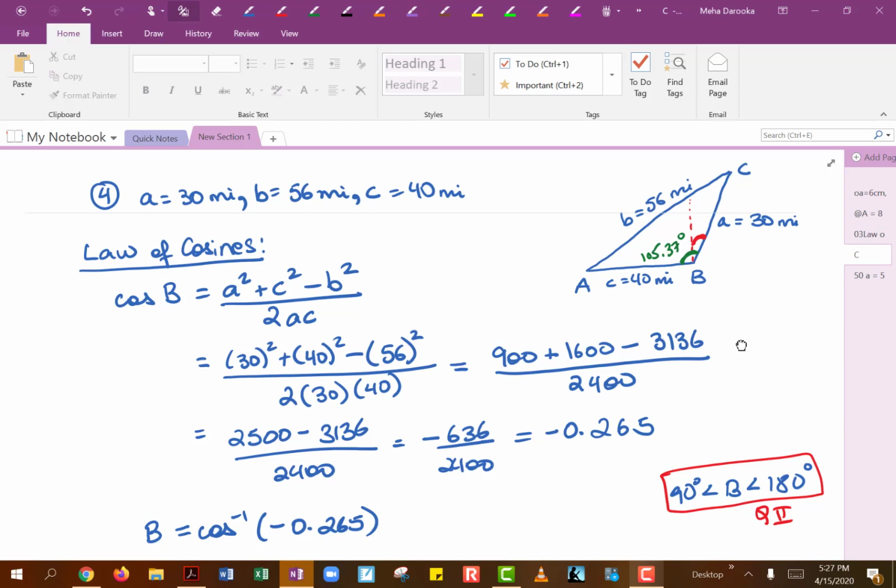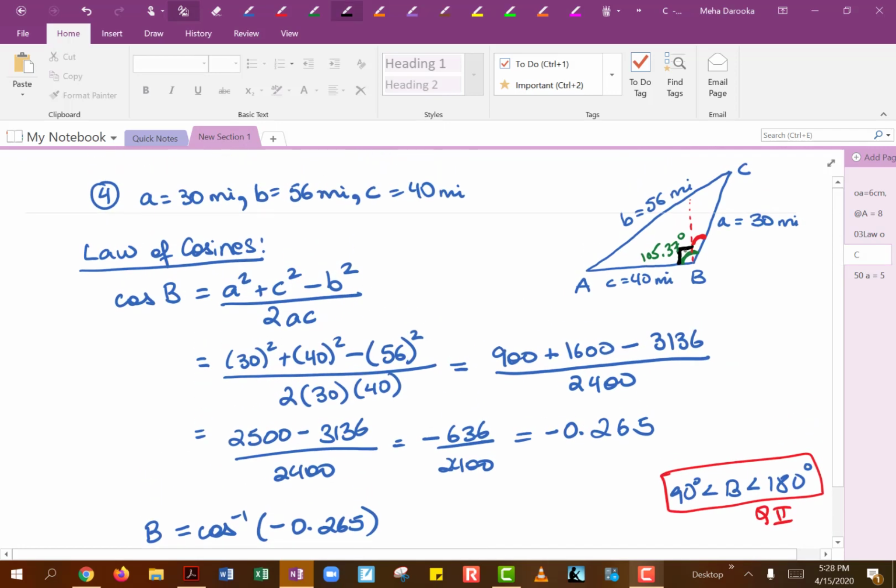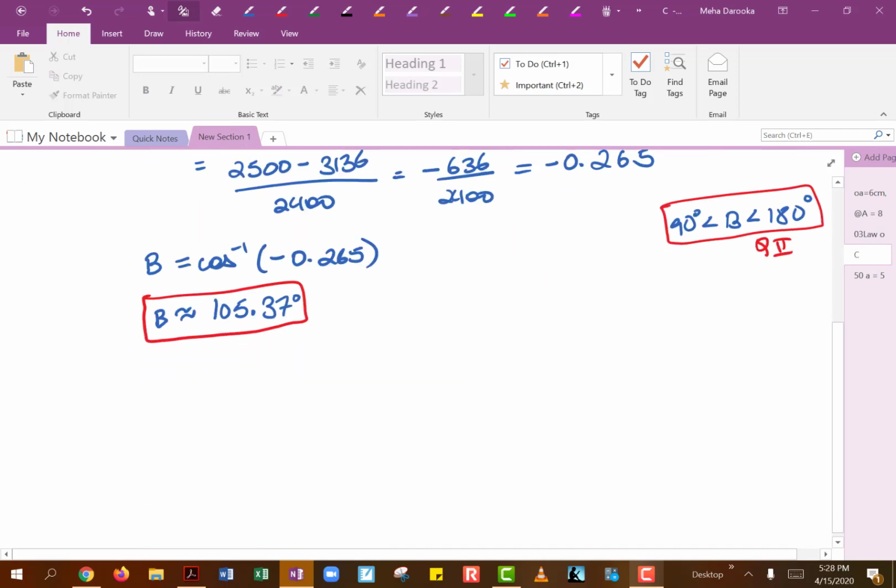If you think about this, from the little dotted line that I drew for our bearing, this angle here by itself forms a 90-degree angle, right? Because that's going to be your corner. So if you take the angle we just found, 105.37 degrees, and subtract 90 from it, you will get this angle that we are looking for, which I have marked in red.